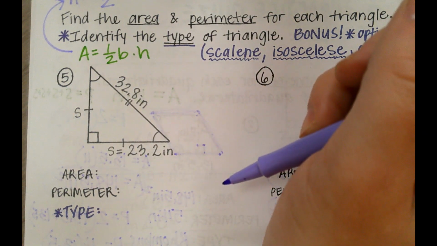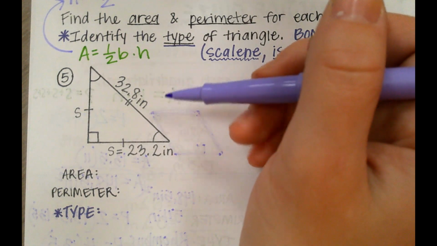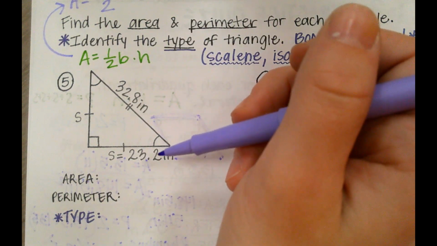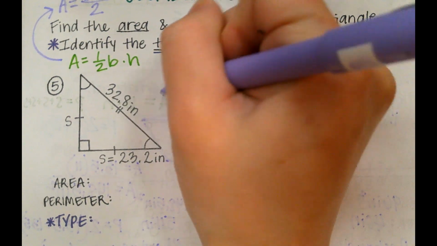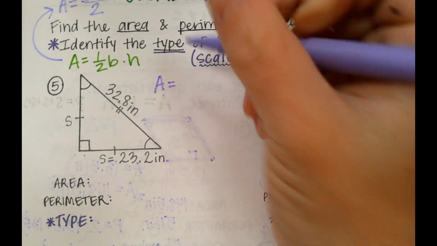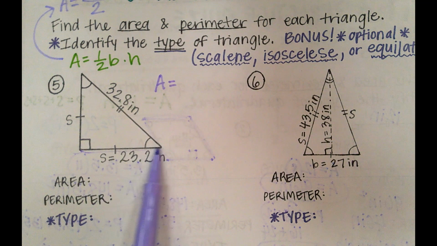Take the base, that'd be 32.8, and then times it by height, which would be 90 since it's a 90-degree angle. You have the right idea. We want to do the base times the height, but the base is going to be the bottom.